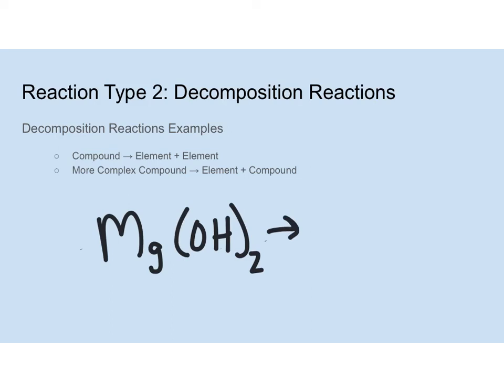If I break this apart, this is going to be broken into Mg plus OH, not OH2. That 2 is only attached to the magnesium, but as soon as it breaks apart, you don't need that 2 anymore. Now, if we were to balance this properly, then I wouldn't put the 2 at the bottom, I would put the 2 here, saying that I have 2 OHs, but I don't leave it down there on the bottom. Just something to note.